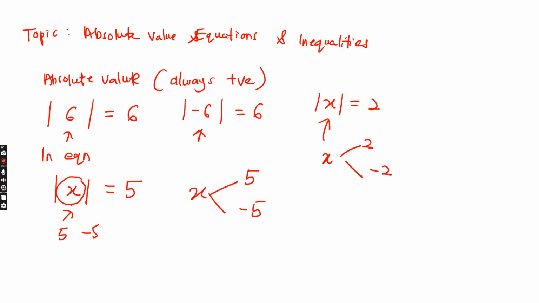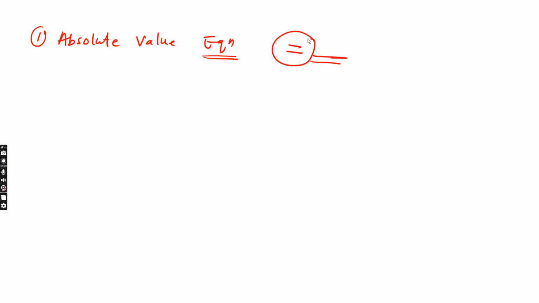Okay, now we're going to go through the next one, which is absolute value equations. For an absolute value equation, we use the symbol equal. Just like modulus x is equal to 2 just now.